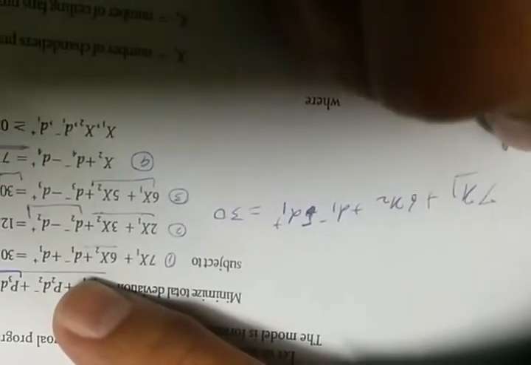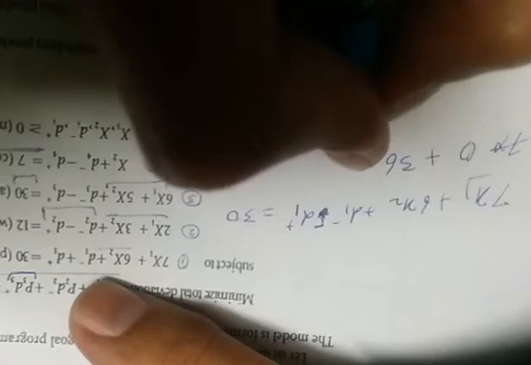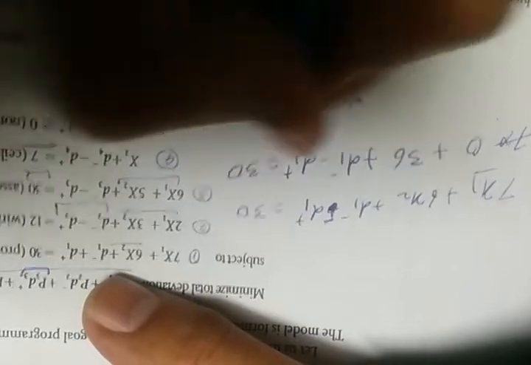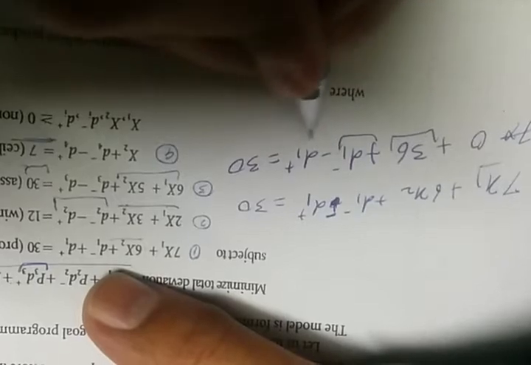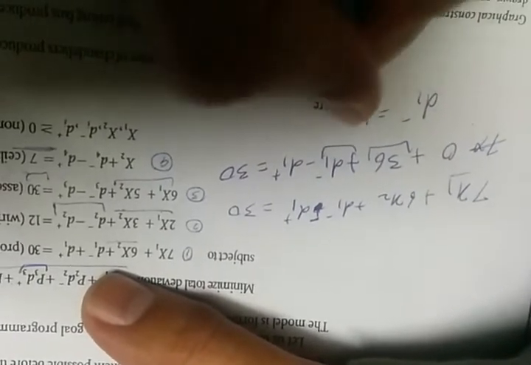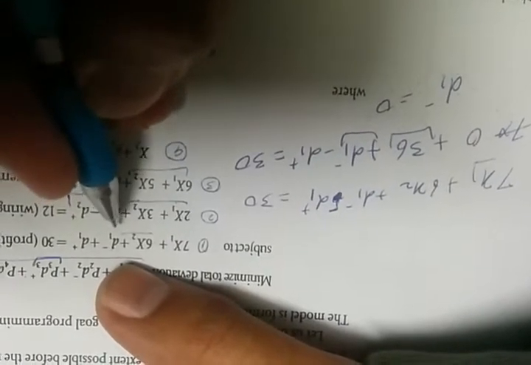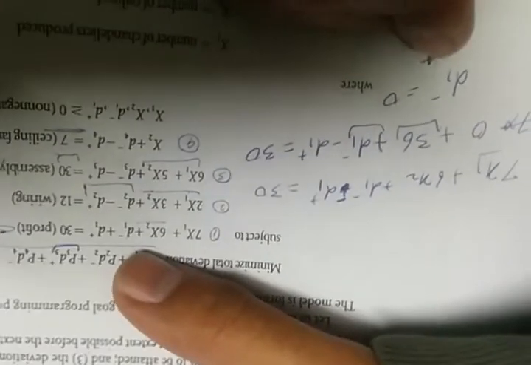Now here this became 0, so this whole will become 0 plus 36 plus d1 minus minus d1 plus is equal to 30. As you can see, this is itself 36, so there is no underachievement, actually there is only overachievement. So d1 minus will automatically become 0, and that is what we wanted to do. We wanted to minimize d1 minus. That's why d1 minus is automatically 0, and d1 plus will be 6 in this particular case. So d1 minus is 0, d1 plus is 6.